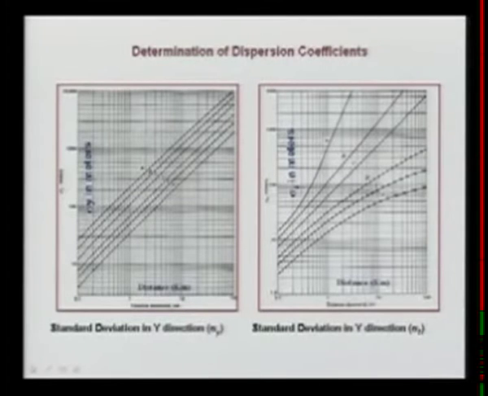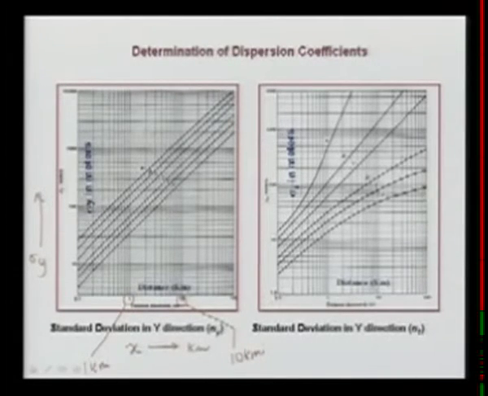So this side is my sigma y and this side is my downwind distance x. You probably cannot see so well, but these units are in kilometers. This is 0.1 kilometer, this is 1 kilometer and this is 10 kilometers.